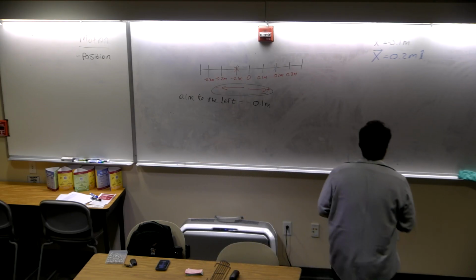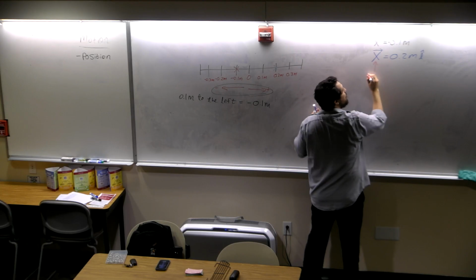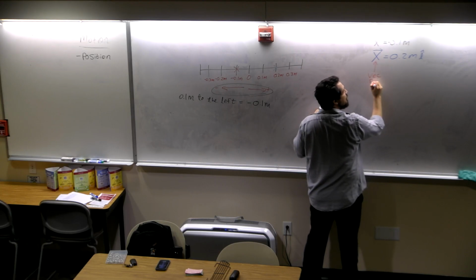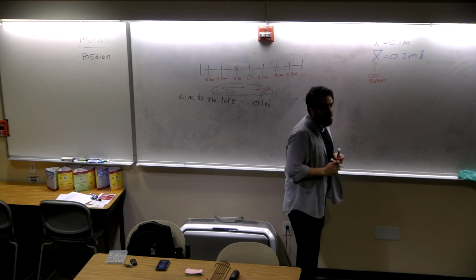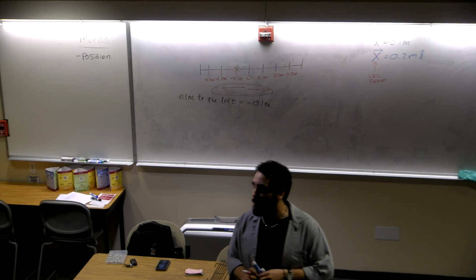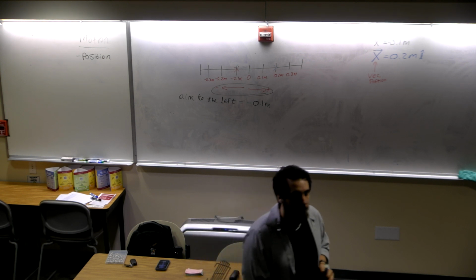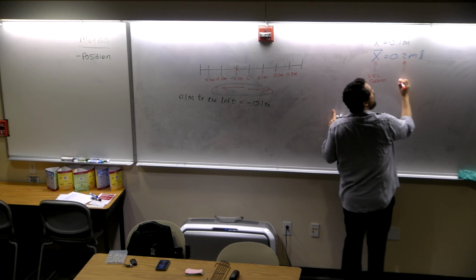The magnitude, how big is this position? In other words, how far from the origin is it? And then i hat gives you the specific direction. A positive i hat means to the right, and negative i hat means to the left. Seem reasonable? Yes? Okay.